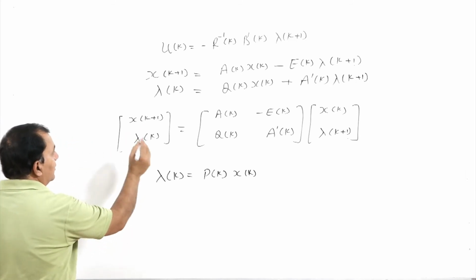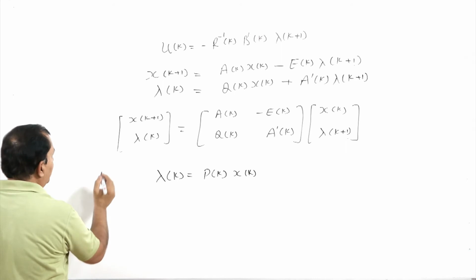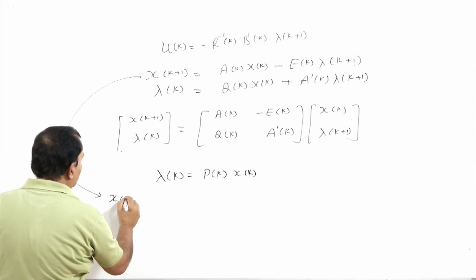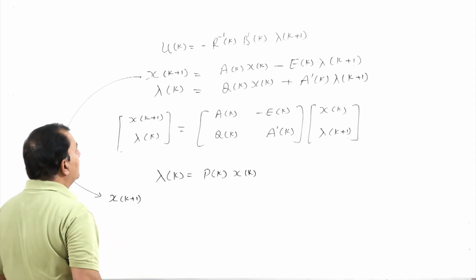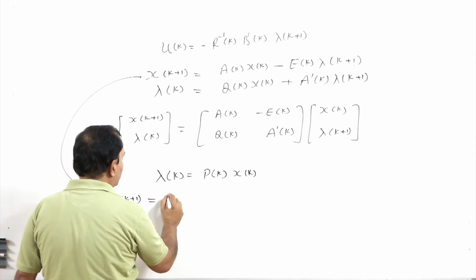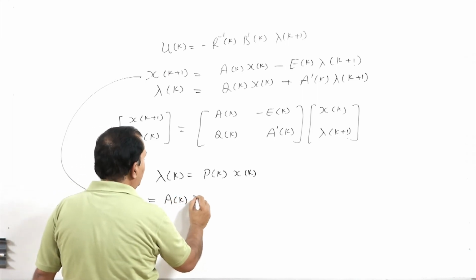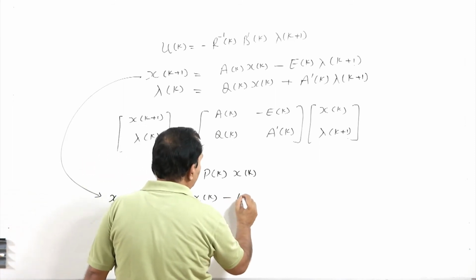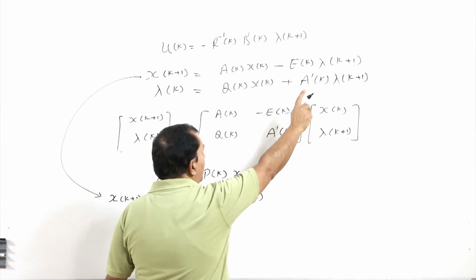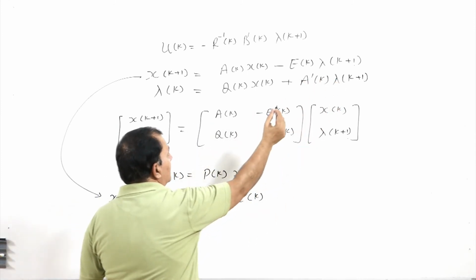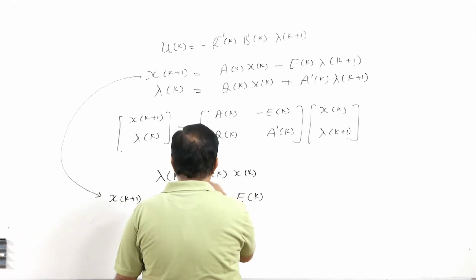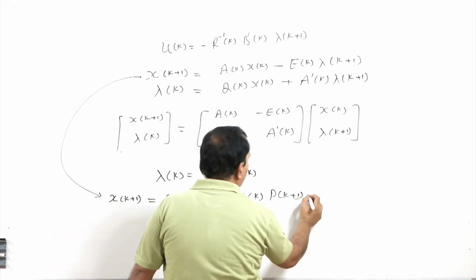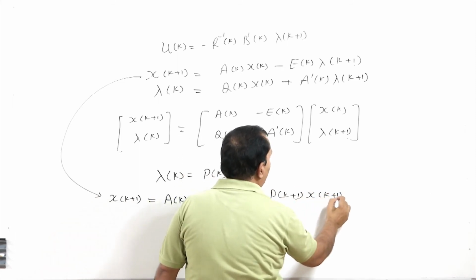So now my state equation, if I write this as x of k plus 1 as A k x k minus E k lambda k plus 1, this lambda k plus 1 I am writing from here as P k plus 1 x of k plus 1.